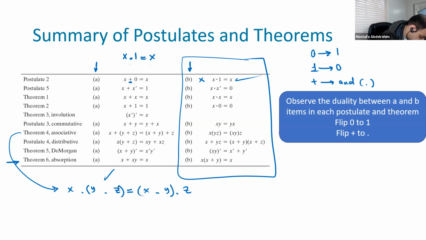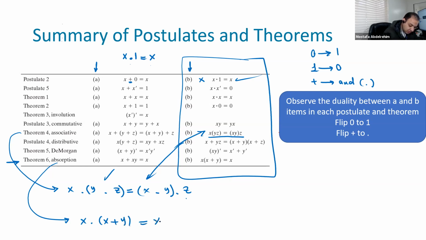If we look here, that's exactly what we have: x dot y and z equals x and y between brackets, then and z. Okay. The last example is absorption: x and (x or y). This should be x. If we look here, that's exactly what we did in b. Okay, this duality principle is a very famous and very useful property.